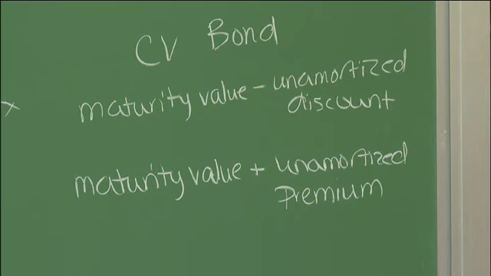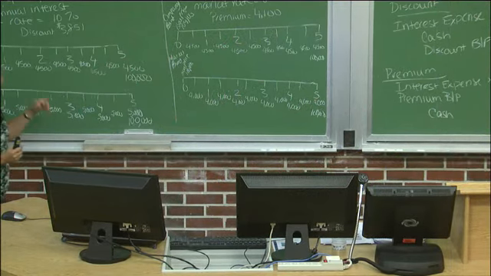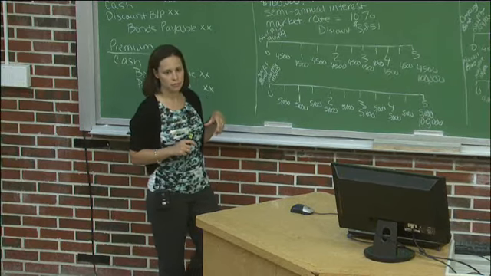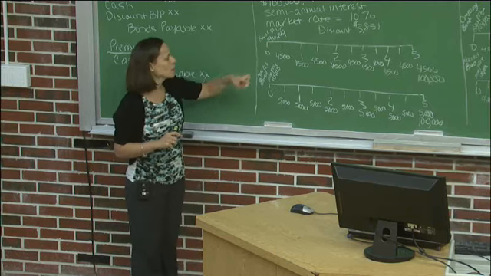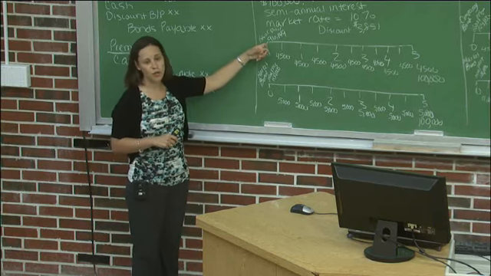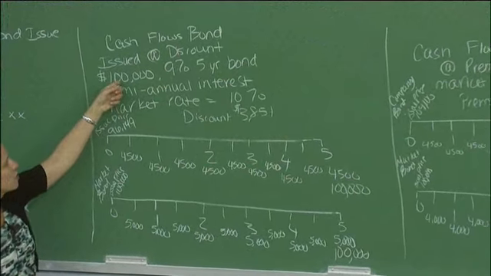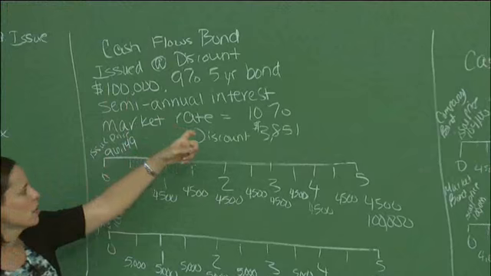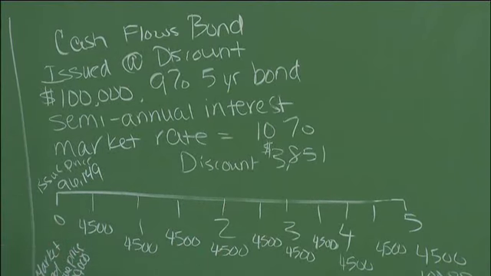So in the case of day one, when you first issue the bond, let's say this bond that was issued at a discount, what is the carrying value? The $96,149. You haven't amortized any of that discount yet, so your carrying value is that $100,000 maturity value minus your unamortized discount, which is the whole discount of $3,851.